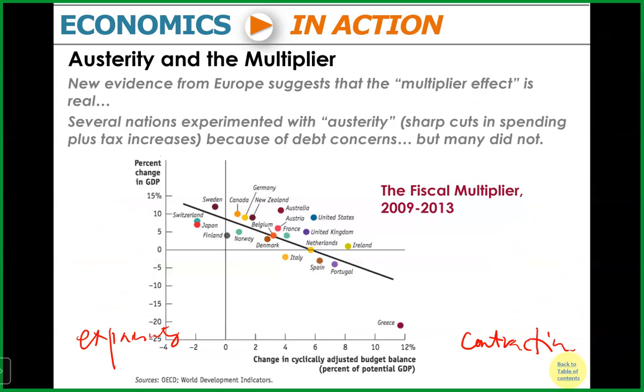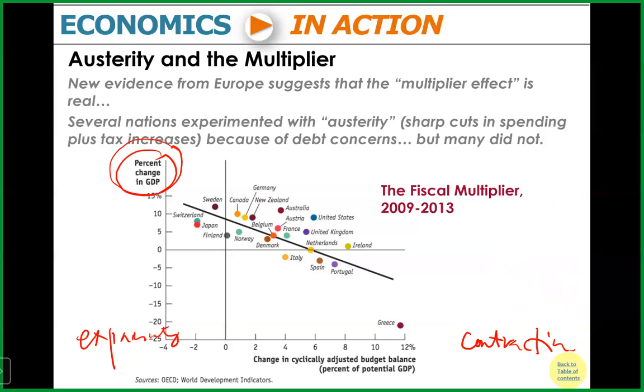Now, the vertical line is the percentage change in GDP. And we can clearly see there's a correlation between your GDP change or growth and the type of fiscal policy you apply. What statement can we make?